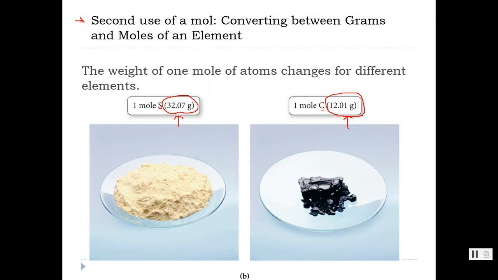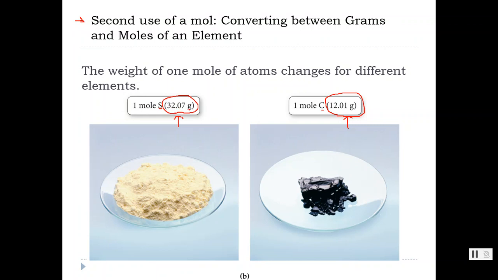We can use that atomic mass for the element to say something about how much 1 mole of that element weighs. So looking at both of these pictures, I already told you they are both 6.02 times 10 to the 23rd atoms, which is 1 mole. The sulfur turns out to be 32.07 grams.